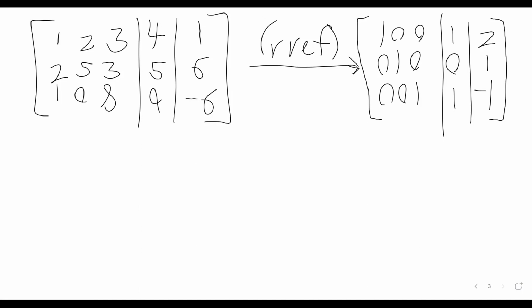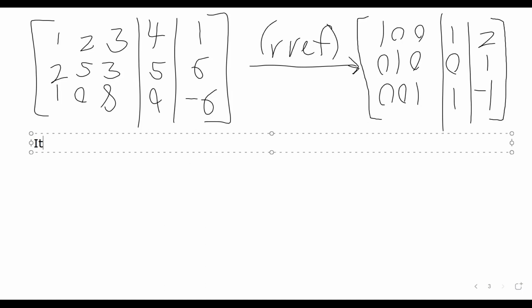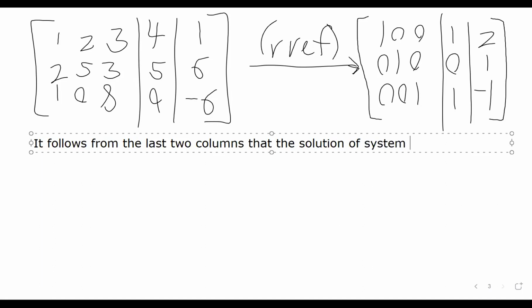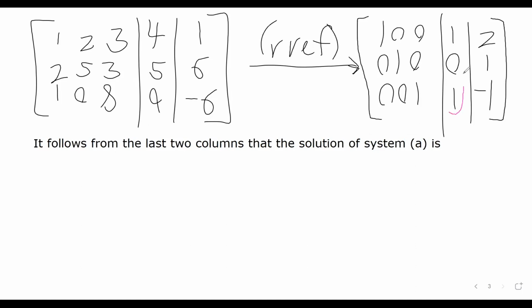So it follows from the last two columns that the solution of system A is, so what I'm going to do is label this as pink here.